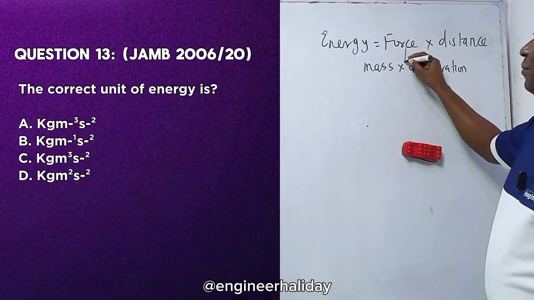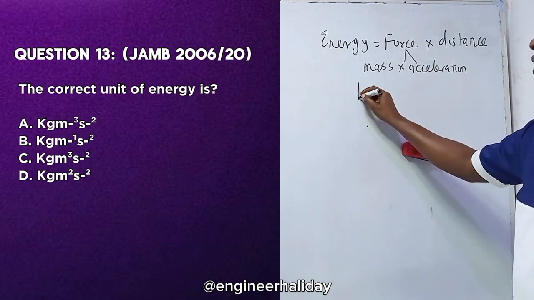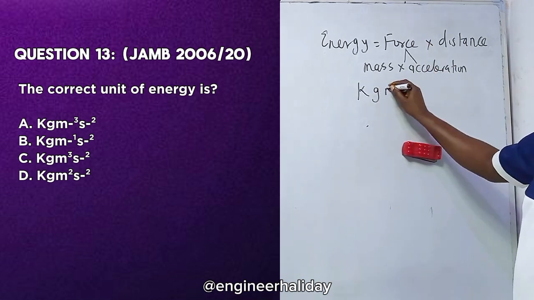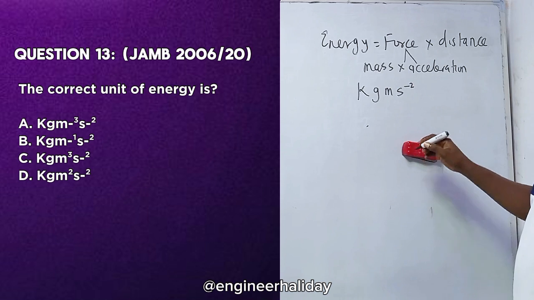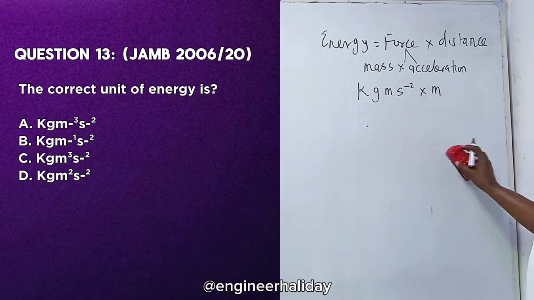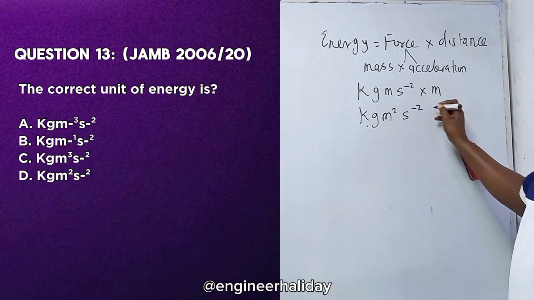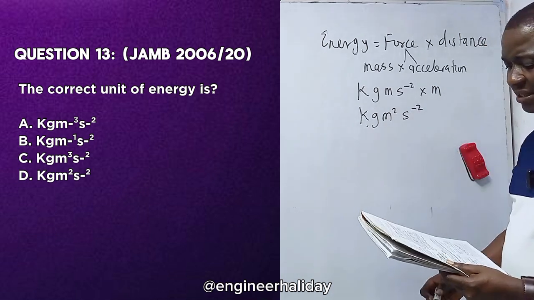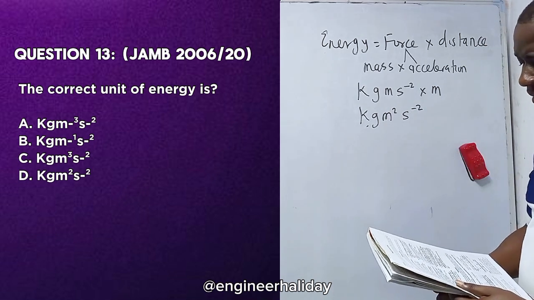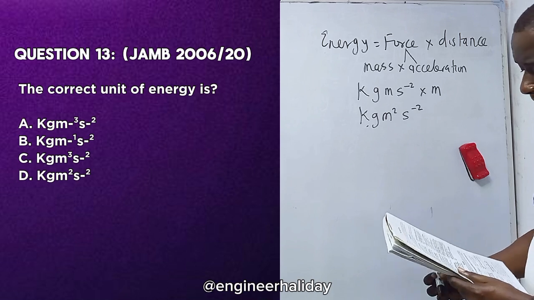So I will have kg, acceleration is meter per second square, times distance in meters. So the final answer for energy will be kg meter square per second square.